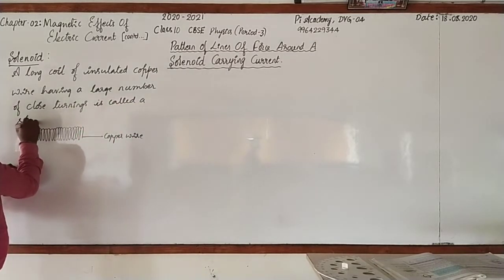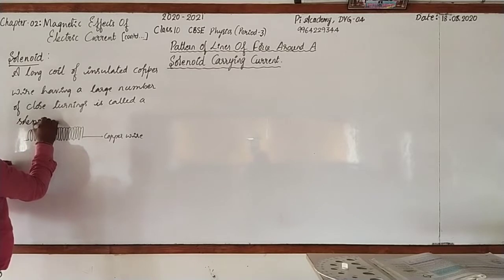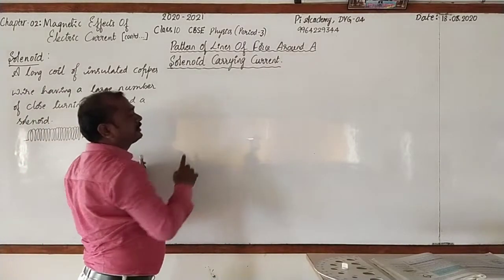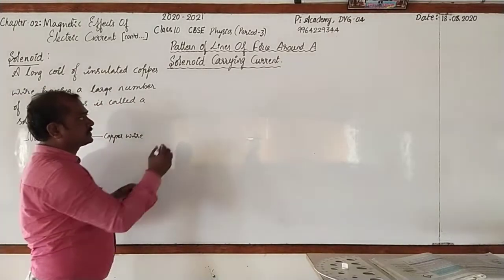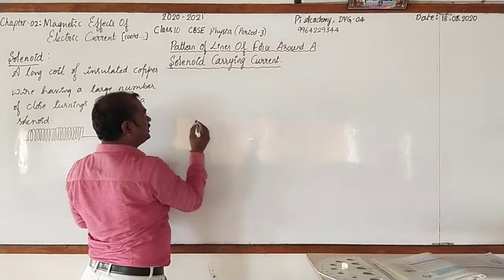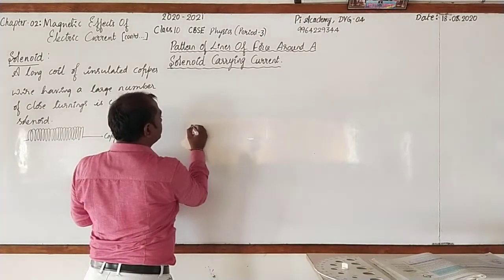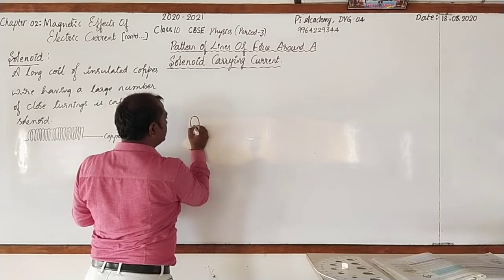Dear students, now we are going to learn how the pattern of the lines of force will be around a solenoid carrying current. Here first I will draw that solenoid. Just keep observing the way I am going to draw. It is very important from the examination point of view. More chances are there to ask.